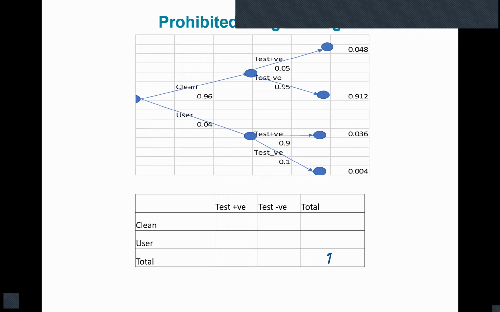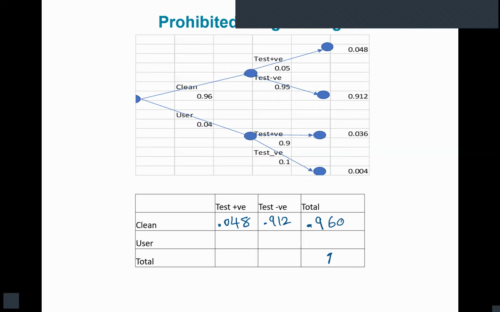First, for the clean people, tests positive is going to be 0.048, tests negative 0.912, and together they add up to 0.96.